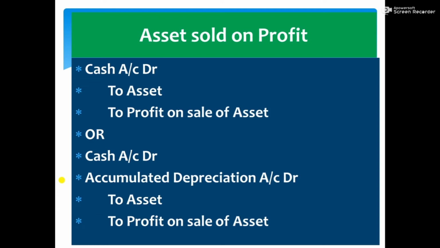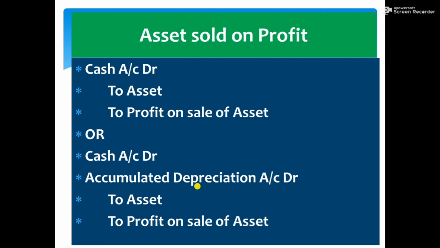Whatever depreciation related to the asset sold, that is already credited in the accumulated depreciation account, is now to be cancelled by debiting accumulated depreciation account. Therefore the journal entry is cash account debit, accumulated depreciation account debit, to asset, to P&L or profit on sale of asset.